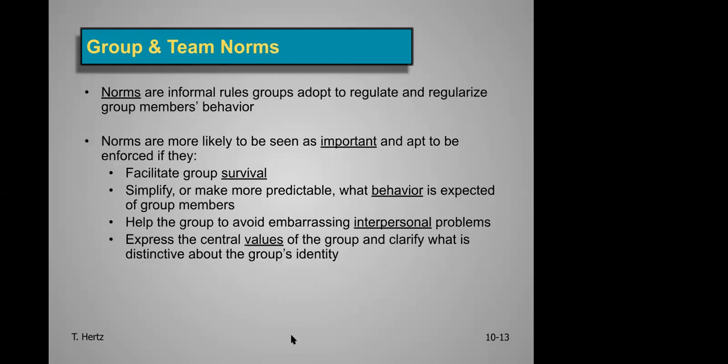So norms are informal rules about how we should behave in a group, and norms are important that we establish. They establish both organically, and as leaders we can establish them. They need to be seen as being important, and we're likely to be able to do that and enforce them if people see that they are important for survival of the group, if they are making things clearer, if they're simplifying things, making things predictable, helping people avoid embarrassing interpersonal problems, or expressing values.